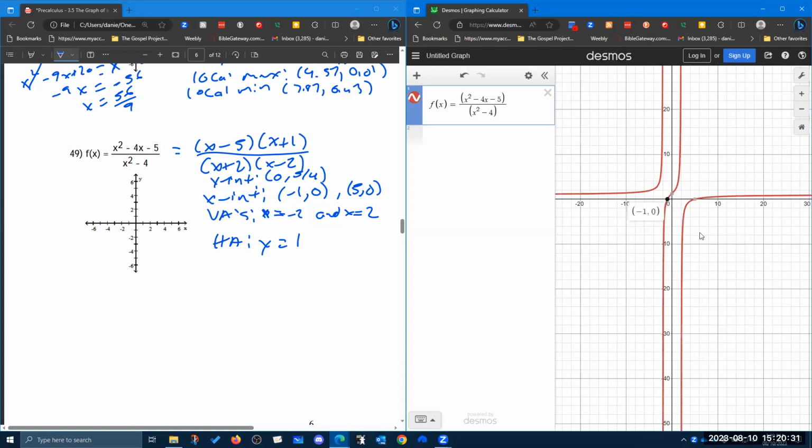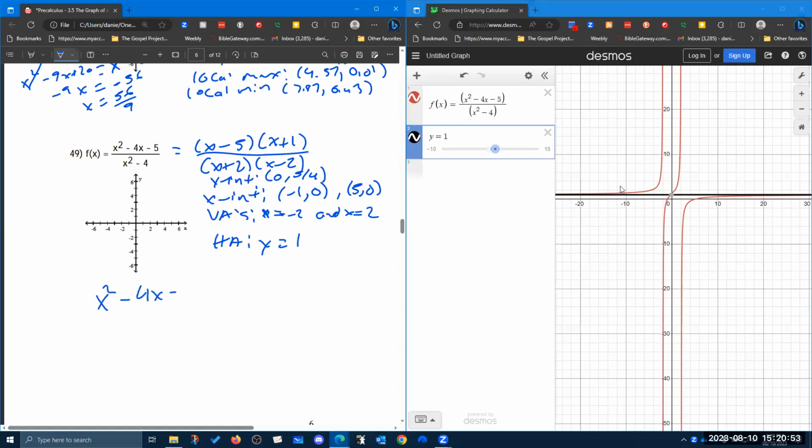And we know that it is going to cross through at least one time right there, and that's going to be the only time that it's going to cross through. I'll prove that to you mathematically.